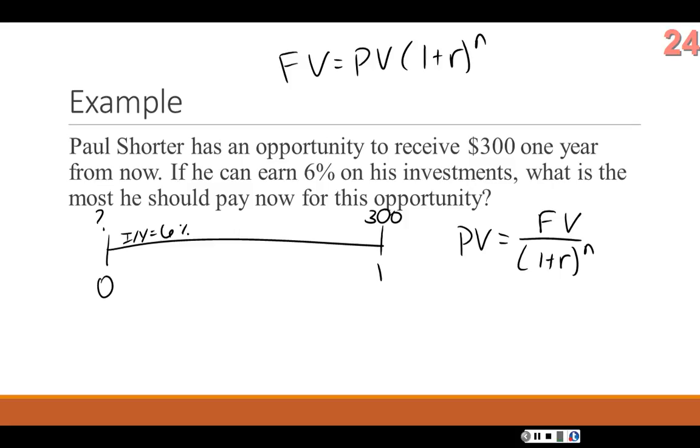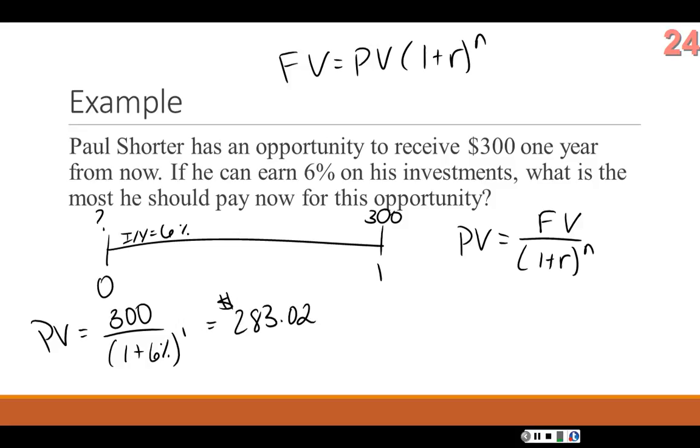So we know the future value is 300. And we divide that by 1 plus our stated interest rate of 6% raised to the first power. And that gives you $283.02.